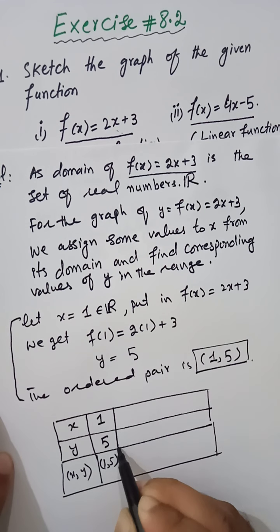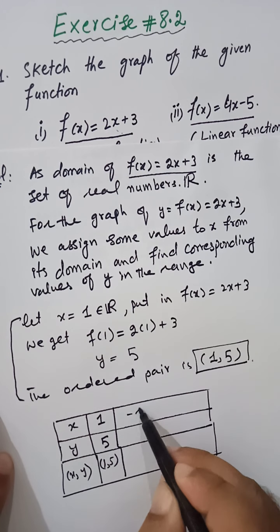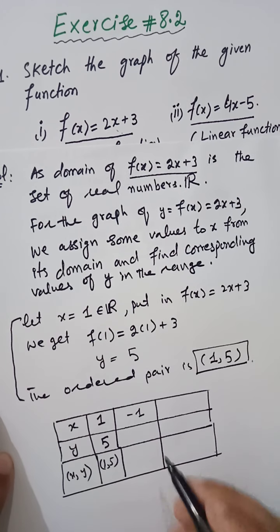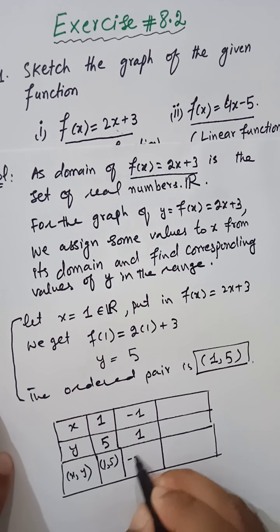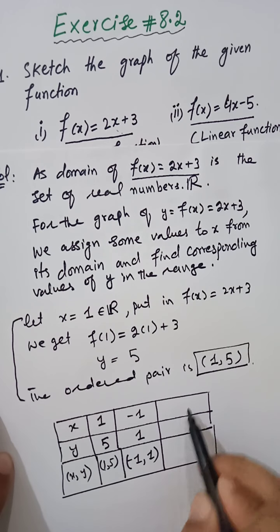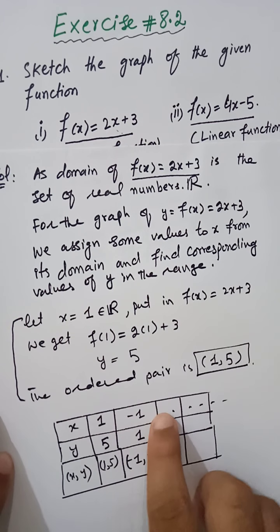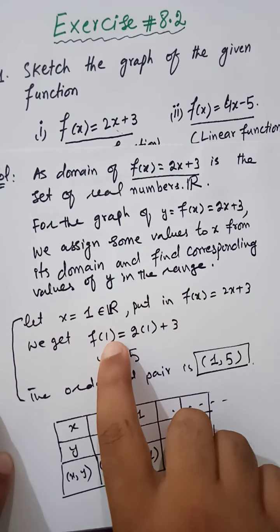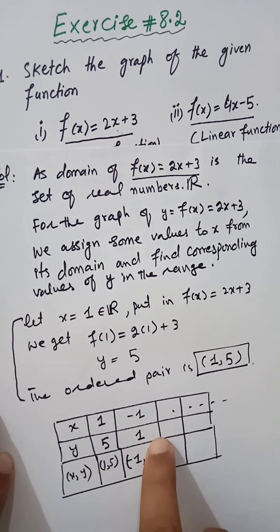This is one point of the plane, and the minimum requirement for the line is just 2 points. Let's say I put -1. So you see, when you plug in -1, you will get +1. So (-1, 1) is another ordered pair, and you can give as many values as you want to the x, put them in the given function, and you will get the values of the y in the range.